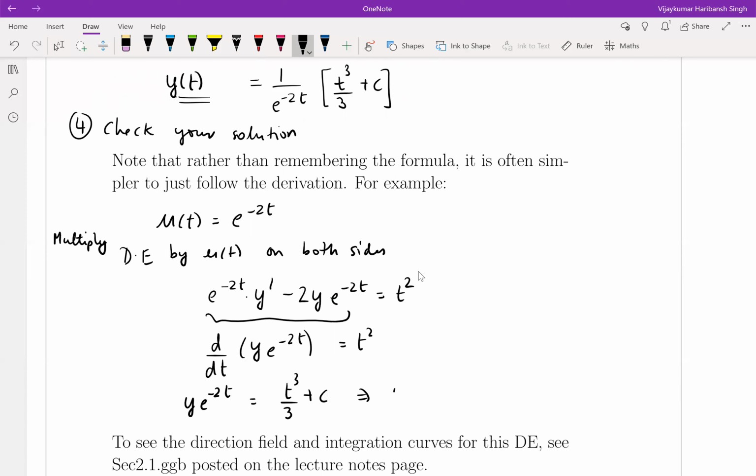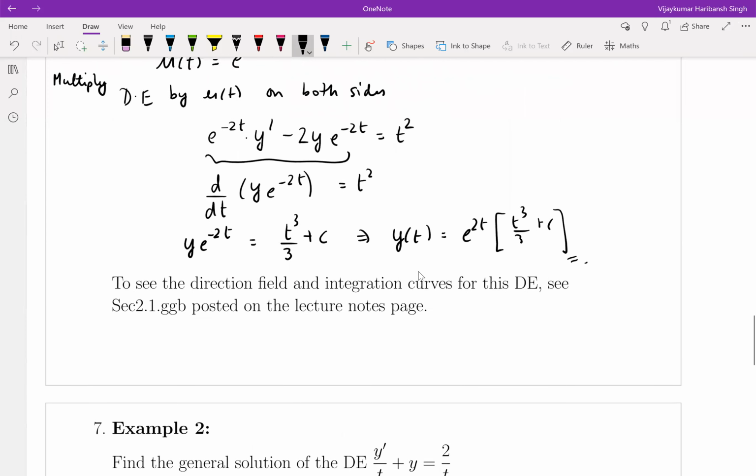And this implies y of t equals e to the power 2t times t cubed by 3 plus c. These two are exactly the same, right? You can take 1 by e to the power minus 2t as e to the power 2t.